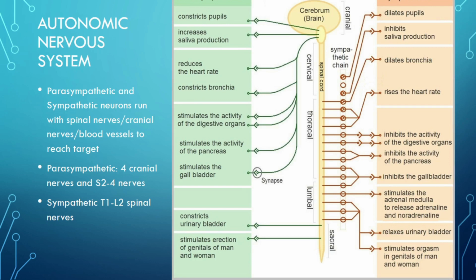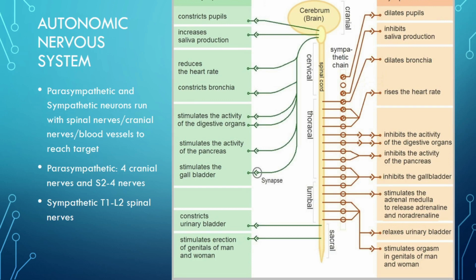Now, neurons from these two systems run with spinal nerves, they run with cranial nerves, or they can even hitch a ride on blood vessels to actually get to their target.